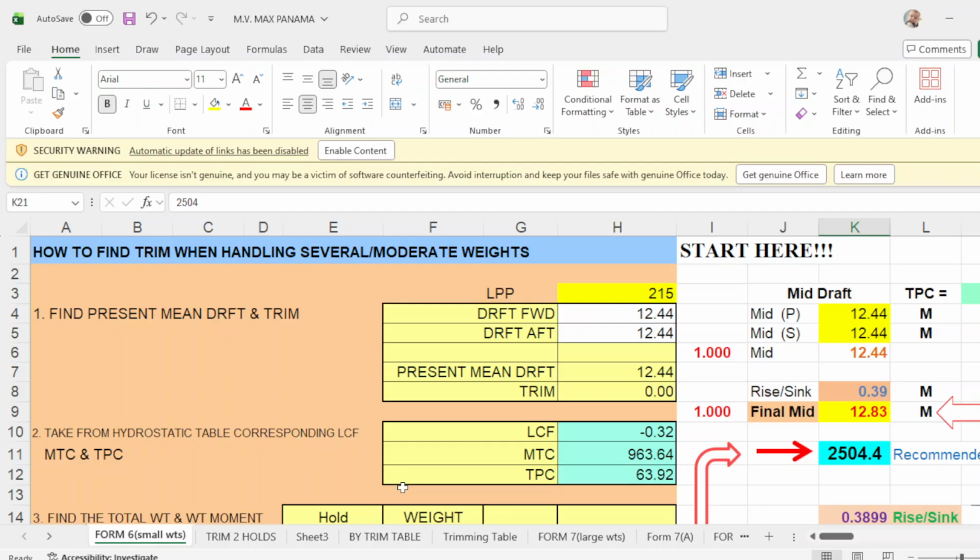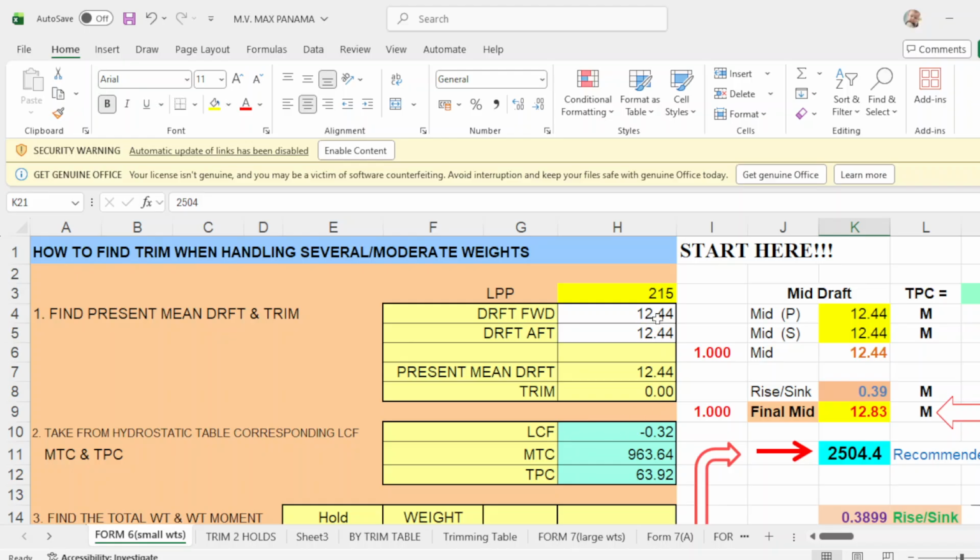Just for example, you are now loading, and you stop loading because, let's say, the foreman says, Chief, please get a draft survey, a draft reading, so that we will know the remaining cargo to load, okay?